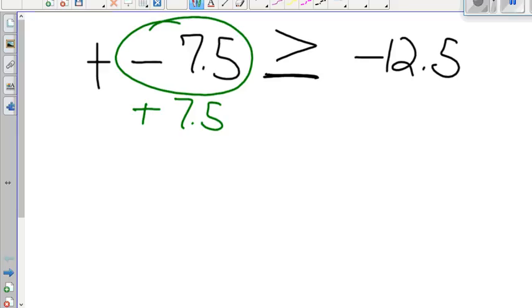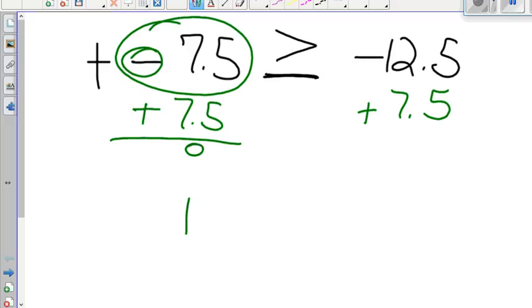If I do it to one side, I also have to do it to the other side. So now negative 7.5 plus 7.5 is going to give you an answer of 0. So it's only going to leave T left on this side. The symbol is going to stay the same on addition and subtraction.